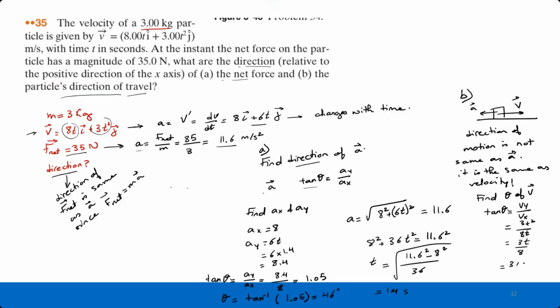This gives me 3 times 1.4 over 8. This is equal to 0.5. And now I'll solve for the angle. I'll get 28 degrees. This is the direction of the motion, whereas the acceleration has a different direction, which is pretty common. You can simply check the case here. The velocity is to the right, the acceleration is to the left. They don't have to have the same directions.